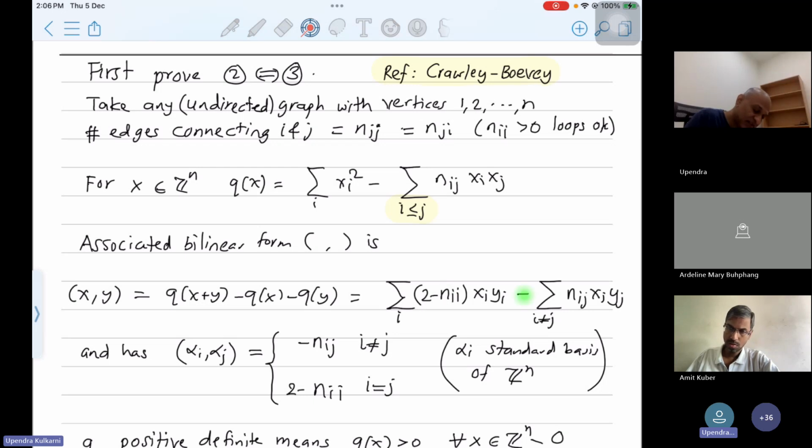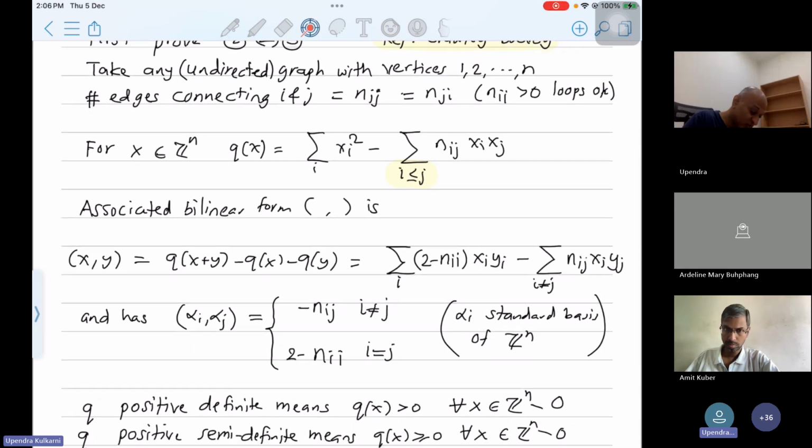Otherwise, I get minus n_ij as the entry that records the value of the bilinear form on each pair of basis vectors. So this is going to be my bilinear form or quadratic form associated to the given quiver, but really this gadget doesn't depend on the arrows at all. So I'm looking at the undirected graph.